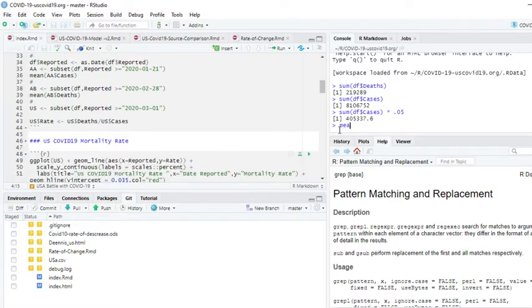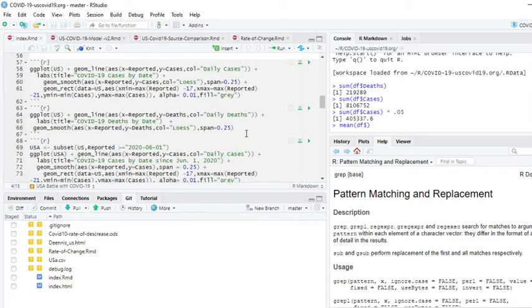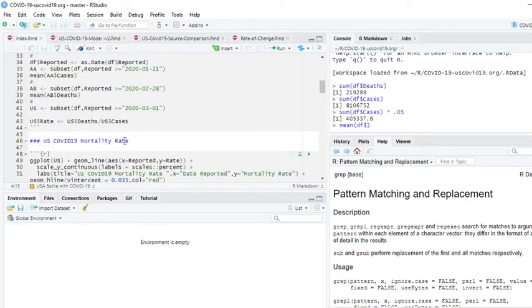What's the mean? Where does the rate show up?